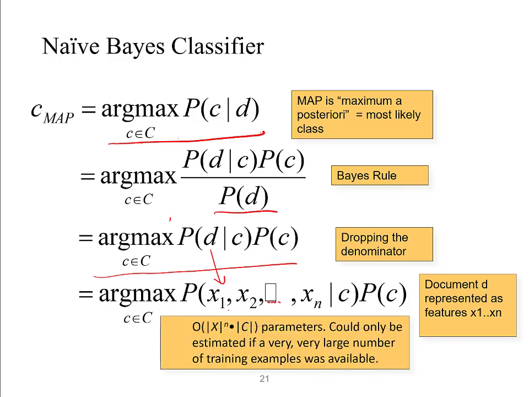Now how many parameters does this one have? We need to compute the probability of x1 to xn given C. Here C is the number of classes or class labels, and all the different combinations of x1 to xn would be, for each xi, the size of the vector, and we have n of them, so it is that size to the power of n, times C. So the parameters here would be extremely large, right?